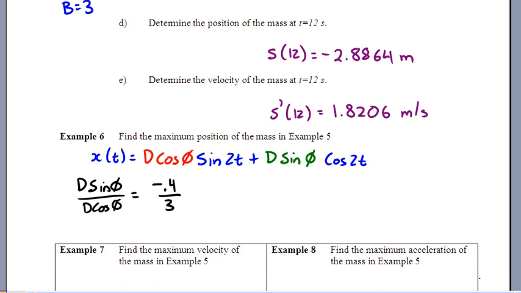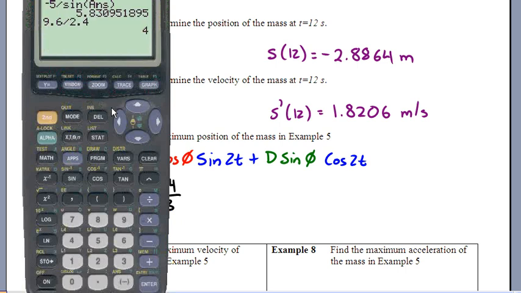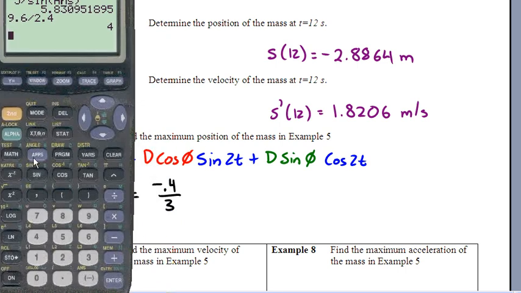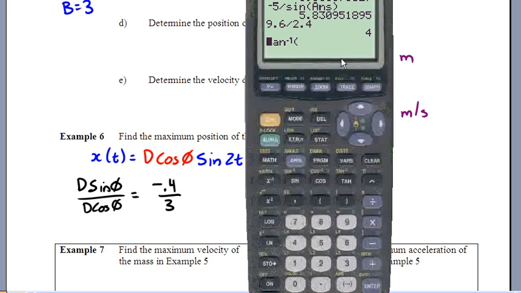Okay, so I'm going to take my calculator and say, hey calculator, you got to help me out here. I need to do the arctan of negative 0.4 divided by 3.